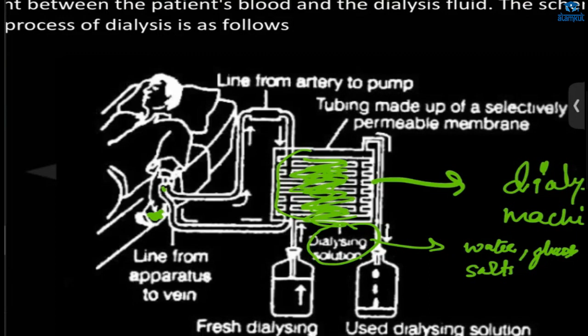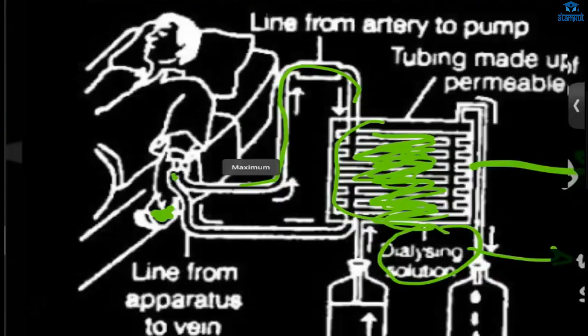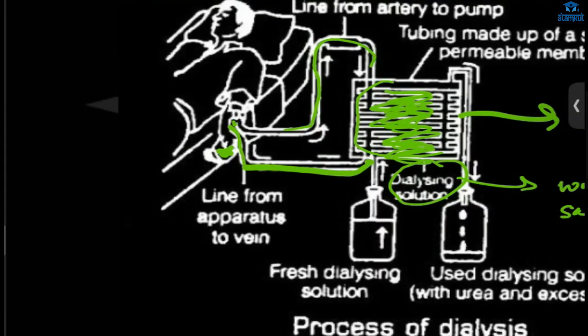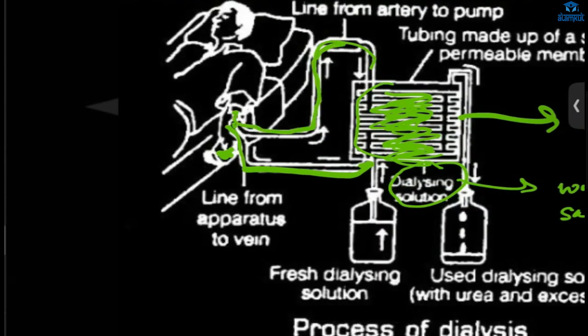When the blood is passing through this solution, it will get cleaned, and the clean blood will go back into the vein. This is the vein, and from this artery the blood will come. This dialyzing solution will clean up the blood, and the blood will go back through the vein.